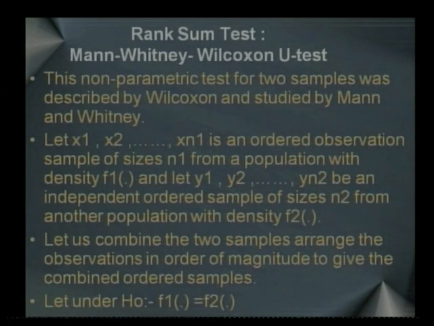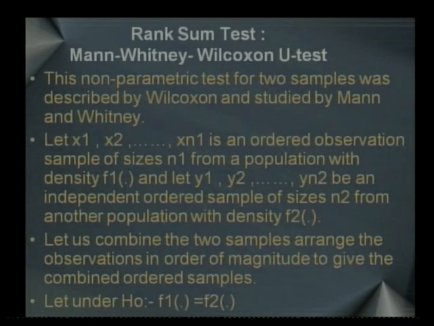This non-parametric test for 2 samples was described by Wilcoxon and studied by Mann-Whitney, so it is called the Mann-Whitney U-test. Wilcoxon applied the U-test procedure, and after that it was modified by Mann-Whitney. Sometimes this test is also called the U-test. So what's the procedure? Let us start.